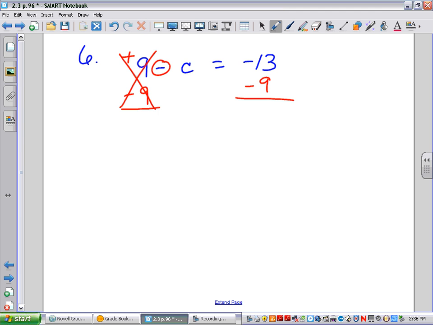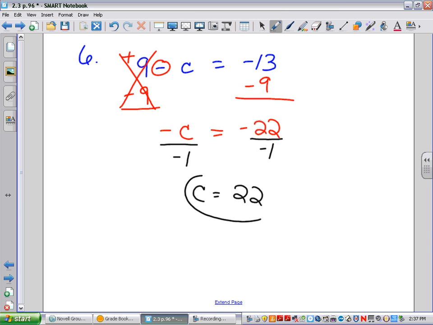Notice this minus sign in front. It's a negative c. You have to bring the negative down with it. You must watch that negative. And then over here, what's negative 13 minus 9? That'd be negative 22. That's not my answer. I'm not quite done. You must divide by negative 1 to get rid of that negative. So c would equal not negative 22, but a positive 22 when you divide by that negative.